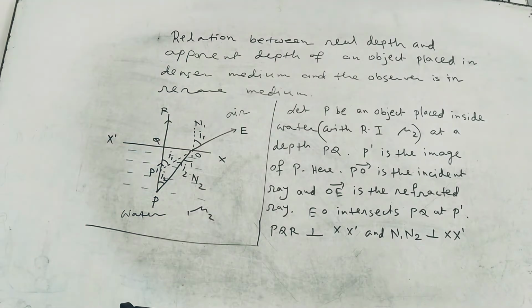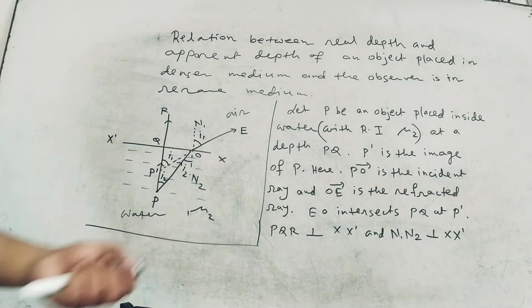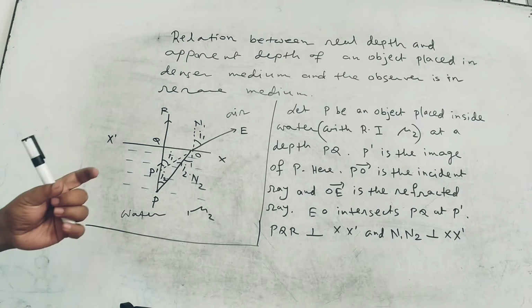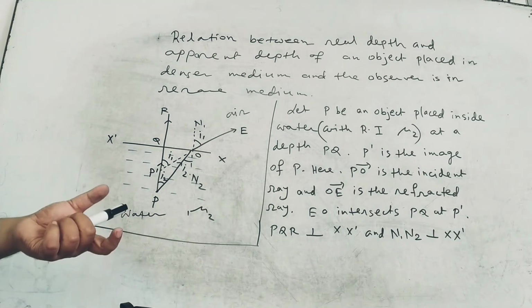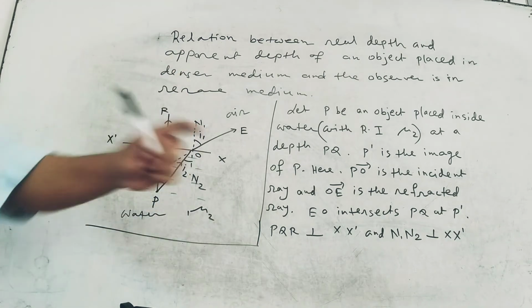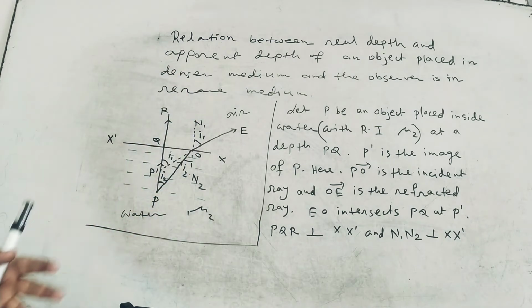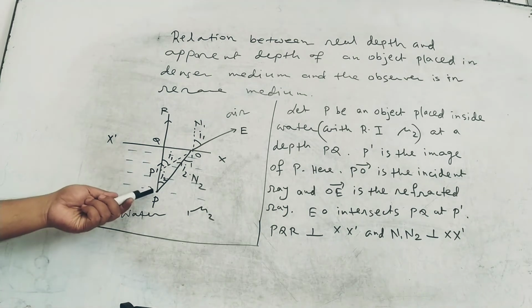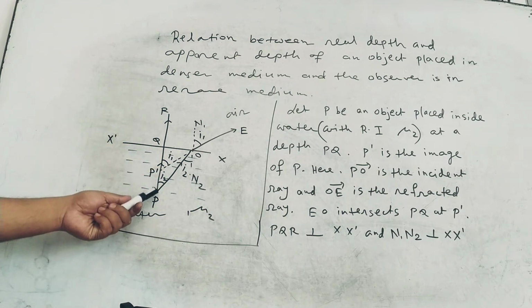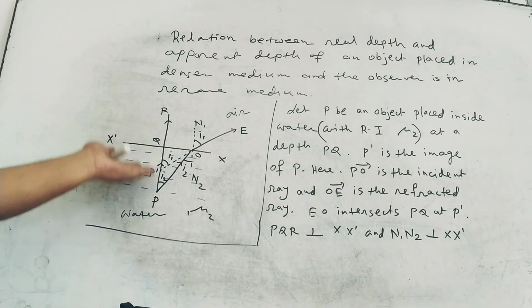You know that when we place a coin inside an empty bucket, the depth appears greater than when the bucket is filled with water. That is, when the bucket is filled with some water, the coin appears to move higher.